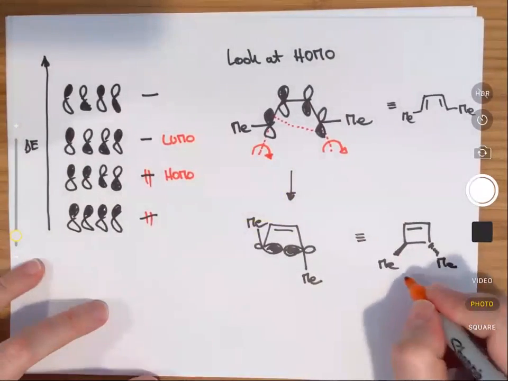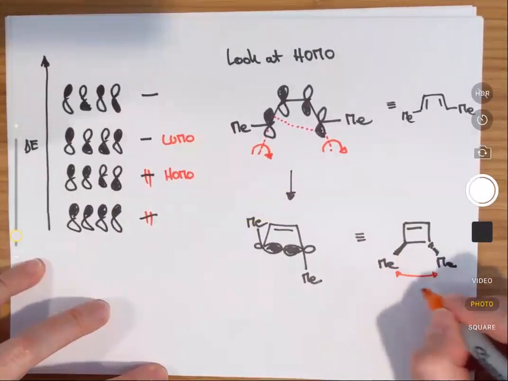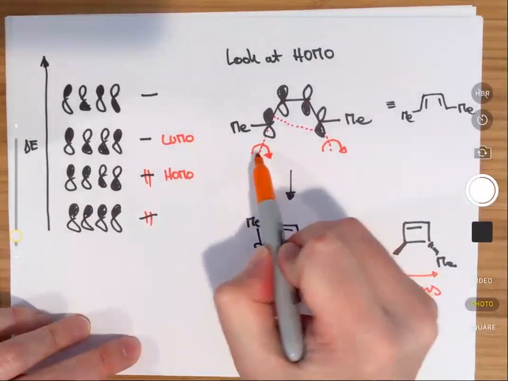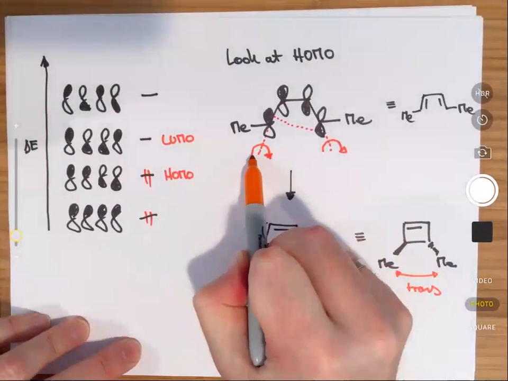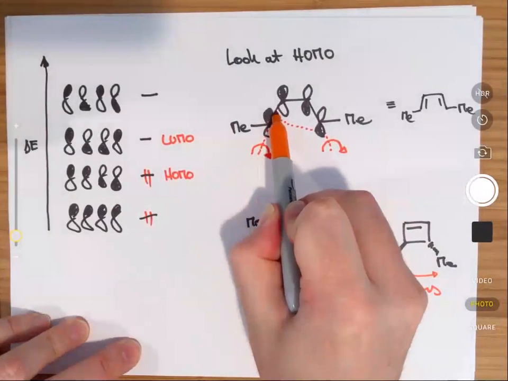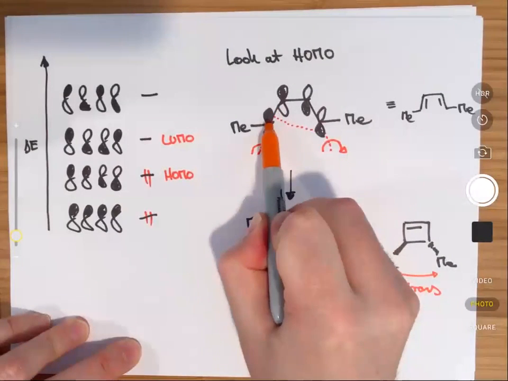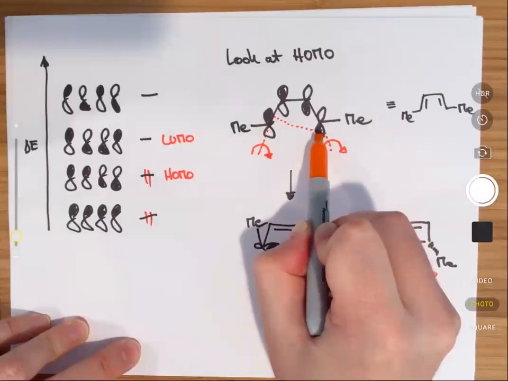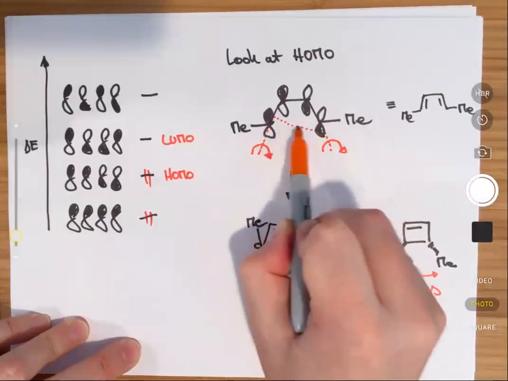So these are now trans to each other. And all of this comes from the rotation around this carbon-carbon bond here that places this shaded lobe in the plane and this shaded lobe in the plane so they can form a new bond.